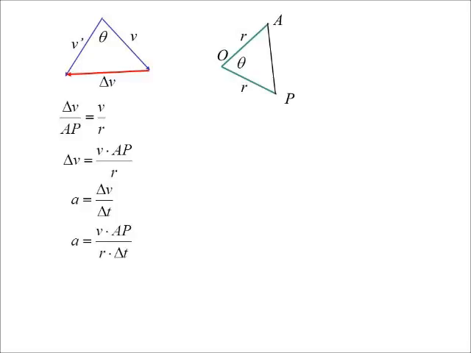So my acceleration now becomes v times AP over r times whatever the change in time is. Now, as the change in time approaches zero, then the length of the chord AP and the length of the arc AP would be getting closer and closer to being the same.